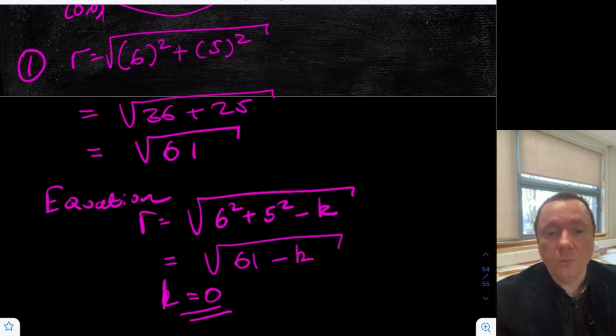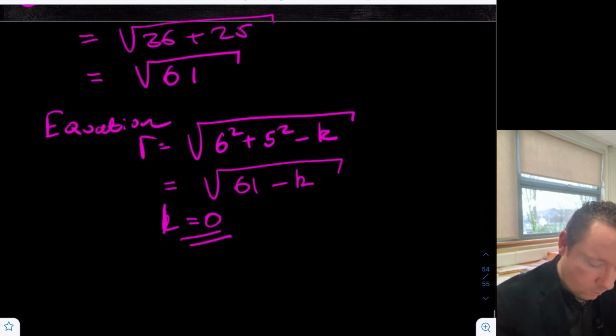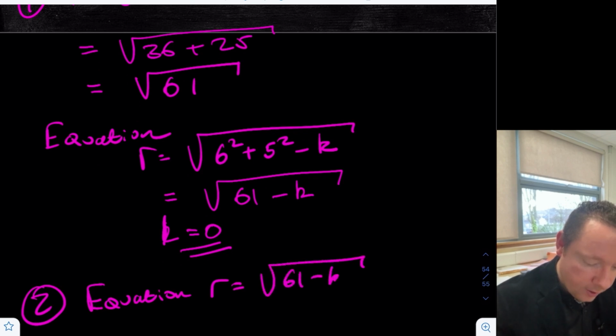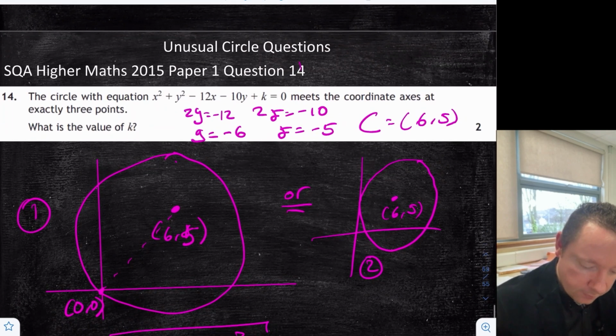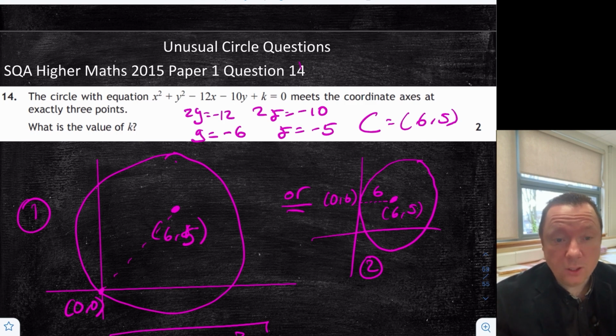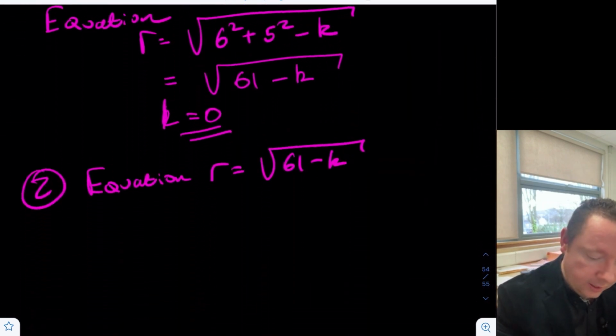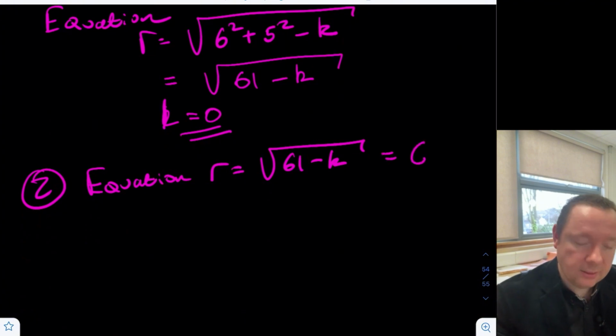Now let's look at option 2. So in option 2, from the equation, our radius will still equal the square root of 61 minus k. But if we've got some points here, so this is along 6, so we know that that's the point 0, 6. Our radius is 6 in other words, so we know that the square root of 61 minus k must equal 6.